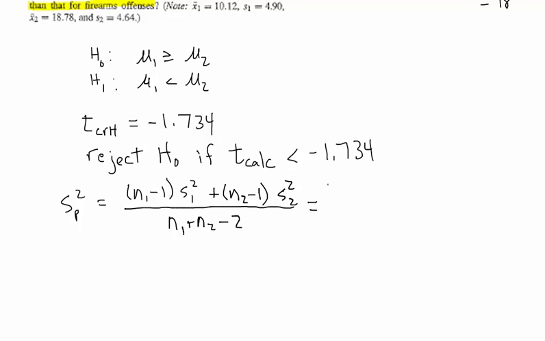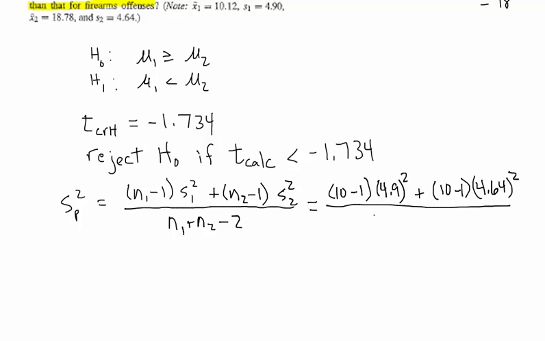And this is equal to, N1 was 10, so we have 10 minus 1 times S1, which was 4.9, so we have 4.9 squared, plus N2 was 10, 10 minus 1 again, times S2 squared, which was 4.64 squared, all divided by N1 plus N2 minus 2. And when we calculate this, we get 22.77.